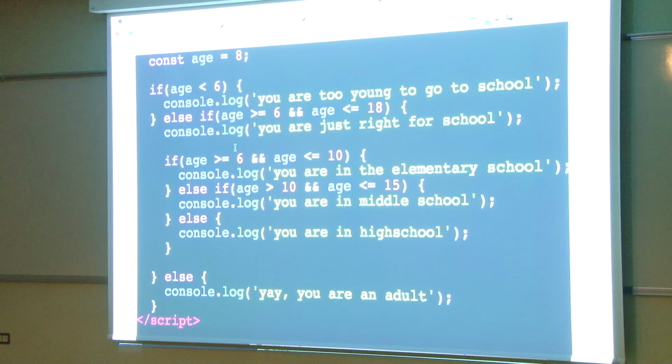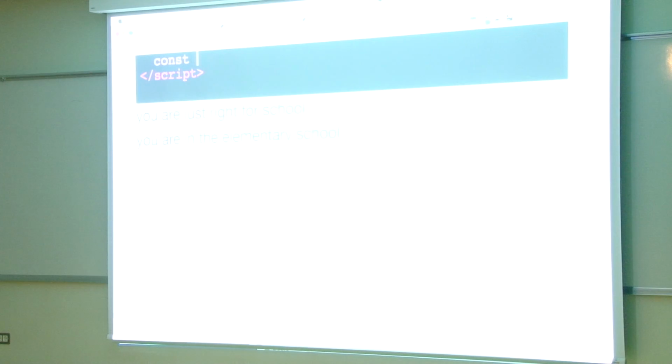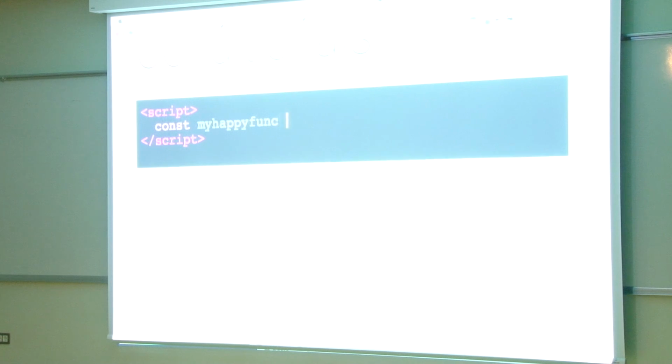So let's create a function. What is the syntax for creating one? My happy func is what I'm going to call it. Inside of that, I'm going to put a function. How do I create a function? Parentheses is what they're called.